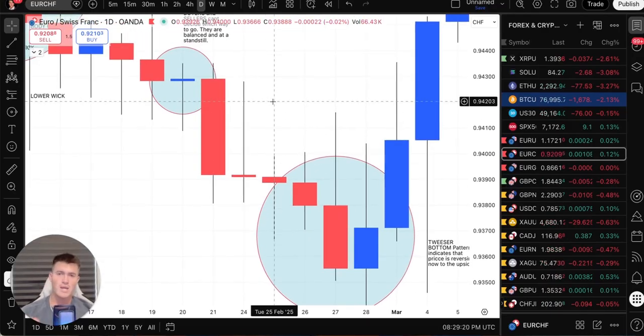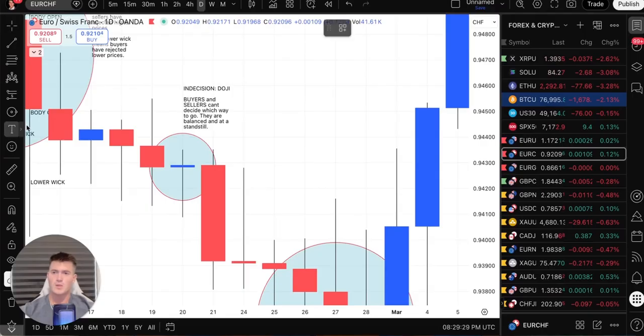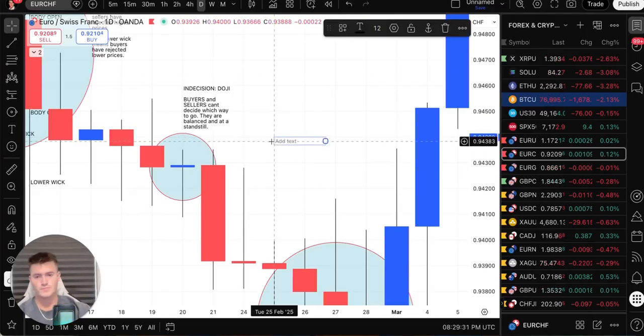So what makes a bearish or bullish engulfing candlestick? Typically, I'm going to say what is considered an engulfing candlestick.